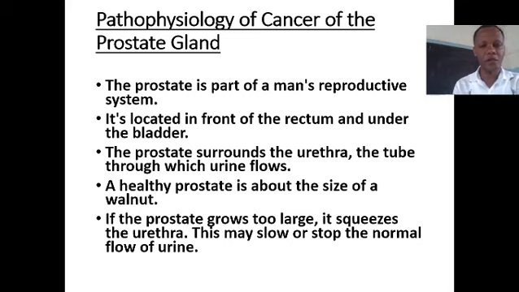A healthy prostate is about the size of a walnut. If the prostate grows too large, it squeezes the urethra. This may slow or stop the normal flow of urine. And this is what brings patients to hospital without knowing that they have prostate cancer, but what brings them is that urine is not coming out.